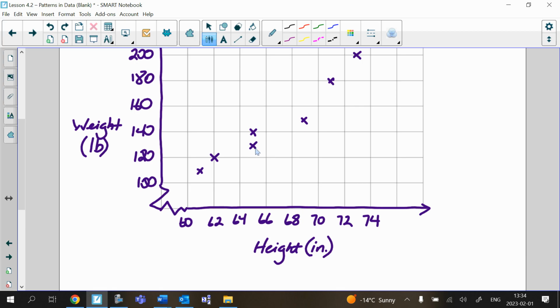And 70, 180. Should look something like that when you plot it.